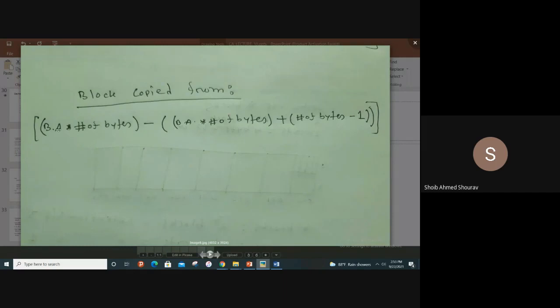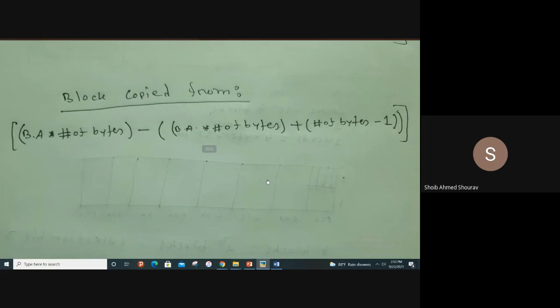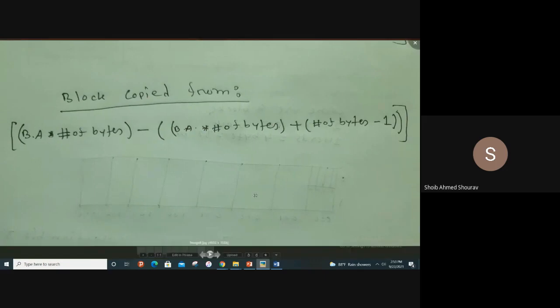Remember, this is block address into number of bytes, minus block address into number of bytes, plus number of bytes minus 1. Okay, copy it like this, because we are going to need this so often.